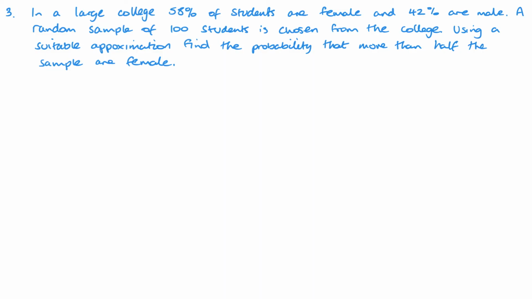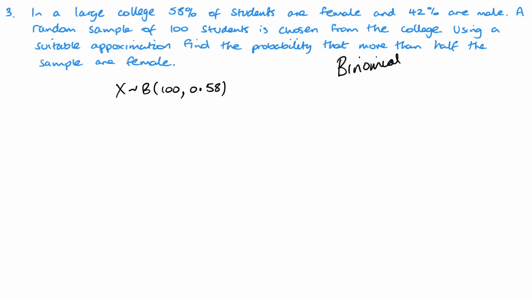So I think it should be quite obvious that this is initially a binomial. So we're looking initially like this, 100, and we're dealing with female, so our percentage is going to be 0.58. So that's where I'm starting.